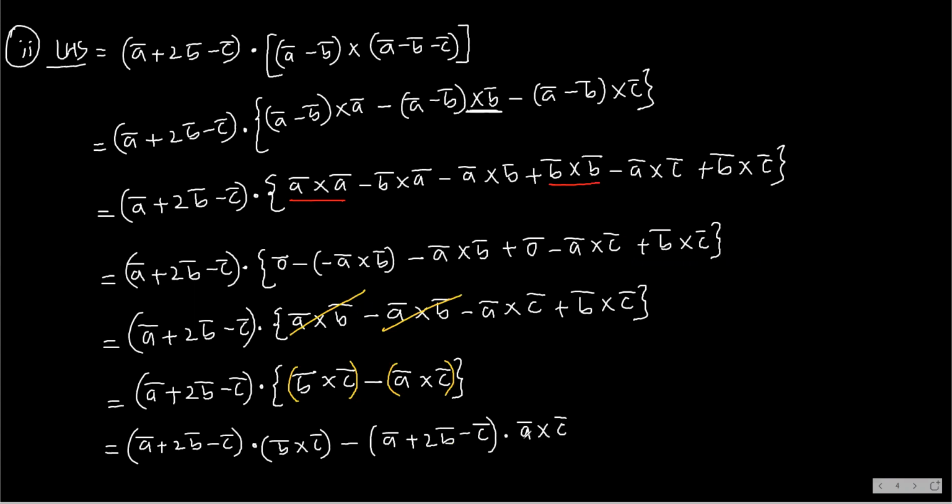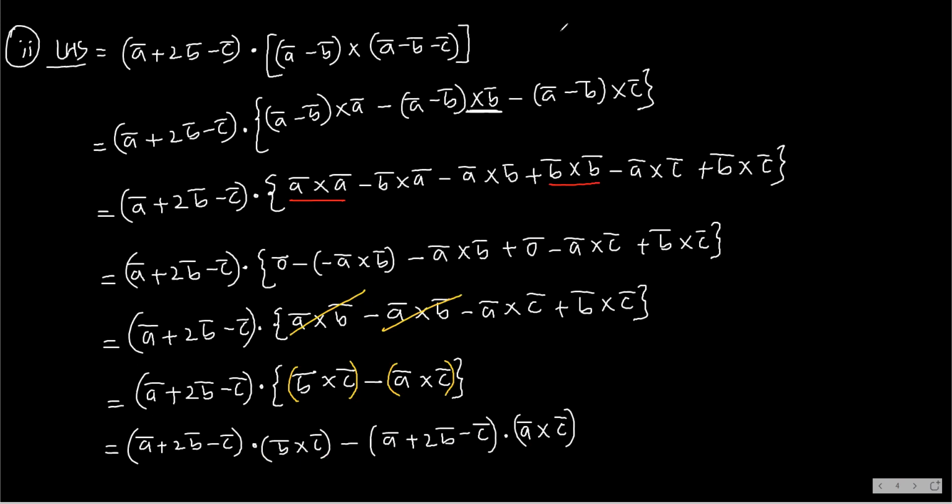Okay, see the next step. Once again, we have distribution, but this time the distribution is from the right. See, dot b bar cross c bar. Here you have dot b bar cross c bar, and here you have plus and minus. So you will distribute the vectors from the right. So what do you get?